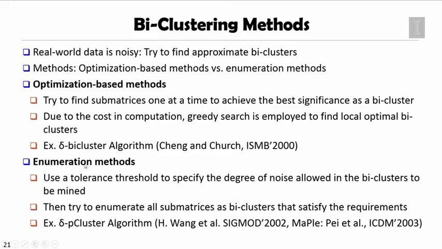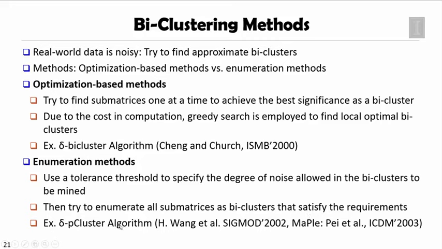Another one is the enumeration-based method. The method essentially uses a tolerance threshold. That means as long as they are approximate and follow within a certain threshold, we can specify the degree of noise allowed in the bicluster. Then we try to enumerate all these submatrices as biclusters that satisfy the requirements.